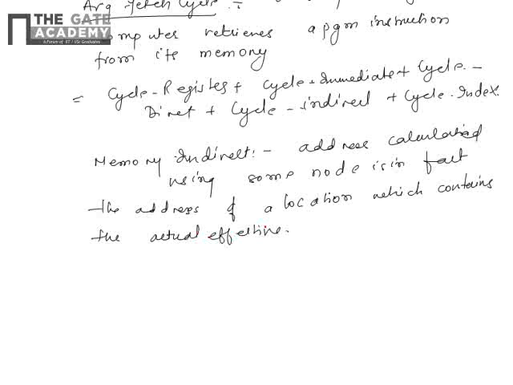Means it will contain only direct addresses. The direct addresses will be the memory indirect. Means for going and coming twice, the effective address will be calculated.